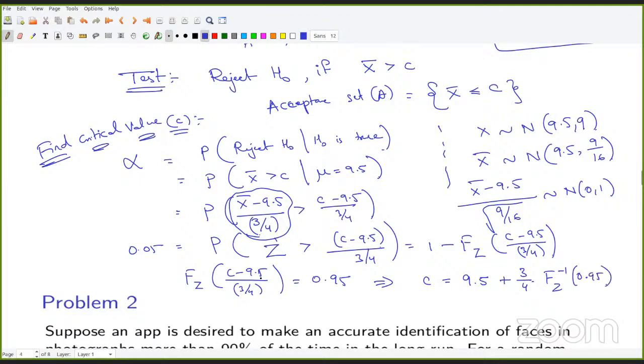Is this correct? You just take F_Z inverse, bring 3 by 4 to the right hand side, then bring 9.5 also to the right hand side. So C will be equal to 9.5 plus 3 by 4 into F_Z inverse of 0.95. Correct? So from this step, this will follow.